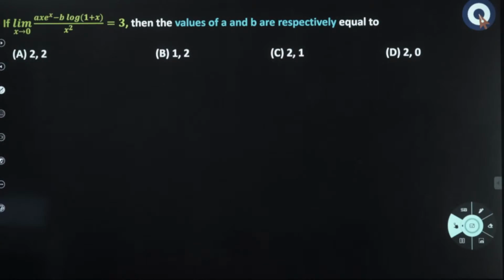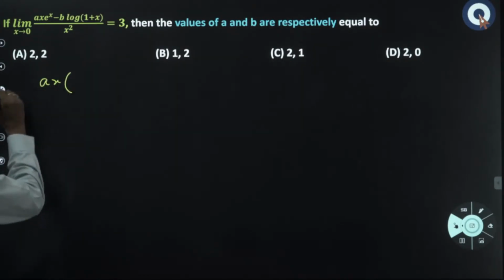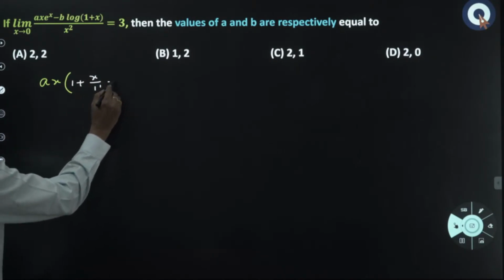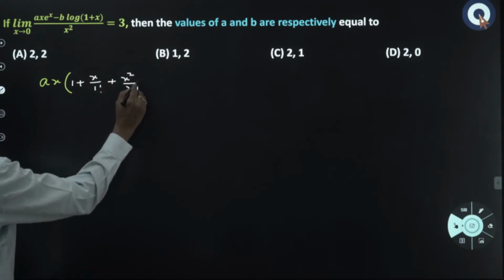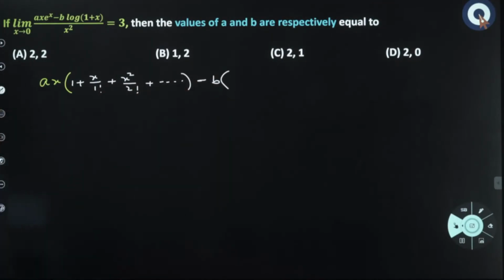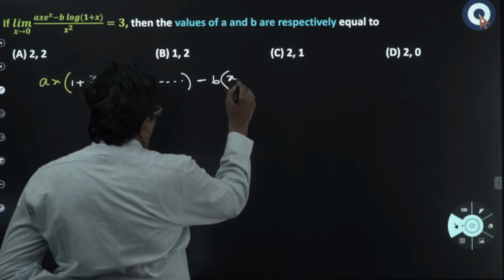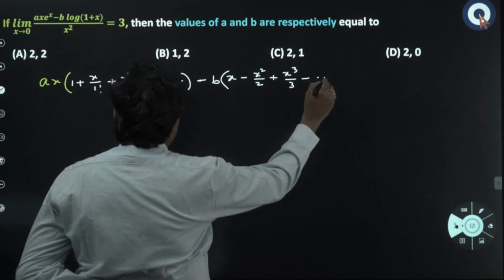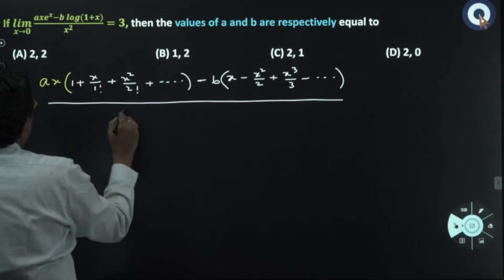So when you do that, ax into (1 plus x by 1 factorial plus x square by 2 factorial and so on), minus b into log 1 plus x expansion, which is x minus x square by 2 plus x cube by 3 and so on, by x square.